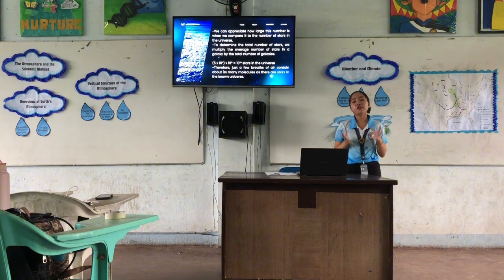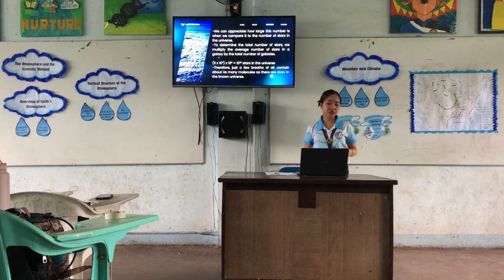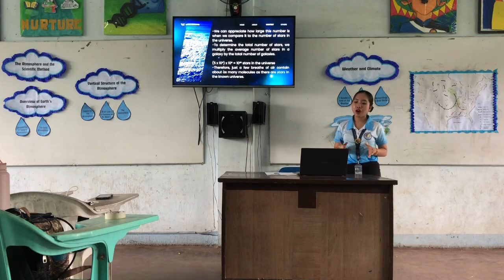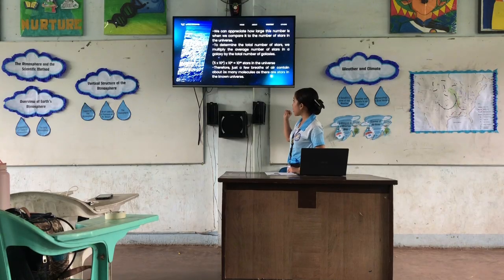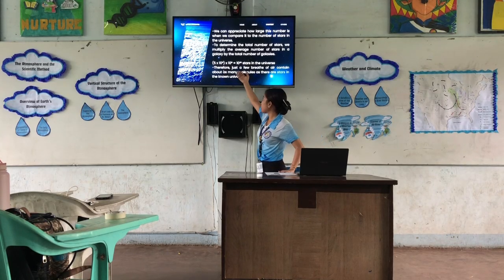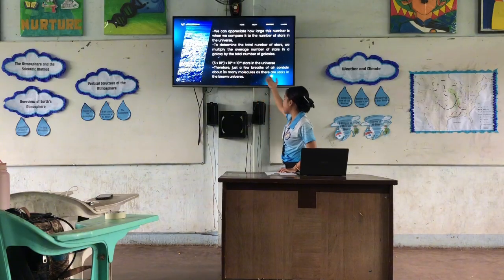So, in order for us to appreciate how large this number is, we can compare it to the number of stars in the universe. To determine the total number of stars, we multiply the average number of stars in a galaxy by the total number of galaxies. So, we have 5 multiplied by 10 to the 11, and we have 10 to the 22nd stars in the universe.